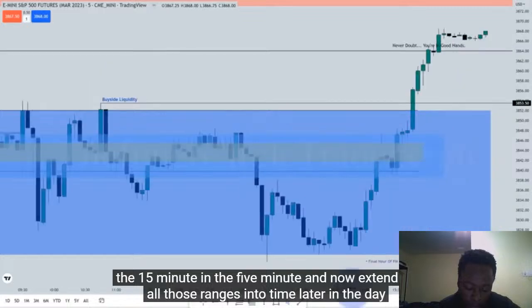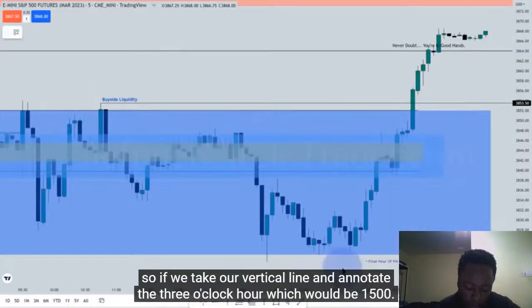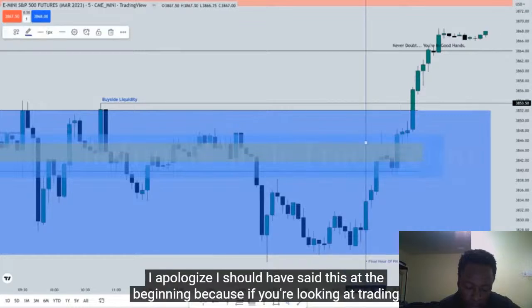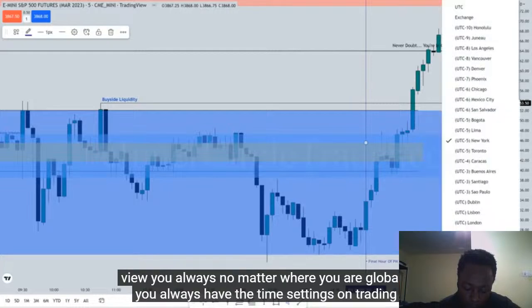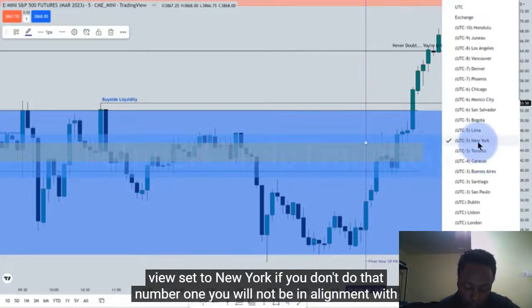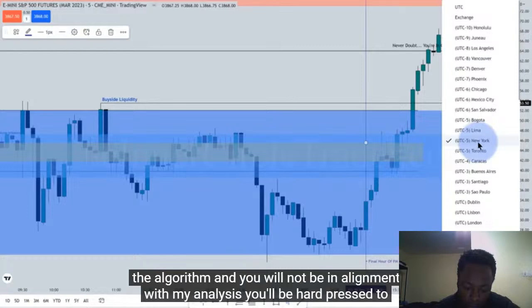So if we take our vertical line and annotate the 3 o'clock hour, which would be 1500. I apologize, I should have said this at the beginning, because if you're looking at TradingView, no matter where you are globally, you always have the time settings on TradingView set to New York. If you don't do that, number one, you will not be in alignment with the algorithm, and you will not be in alignment with my analysis.